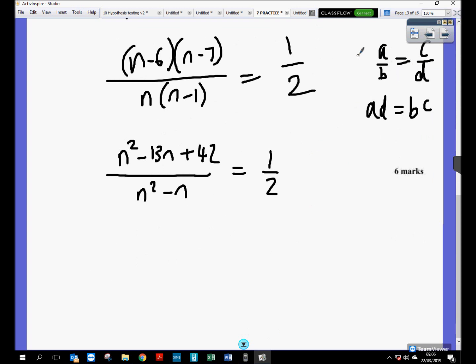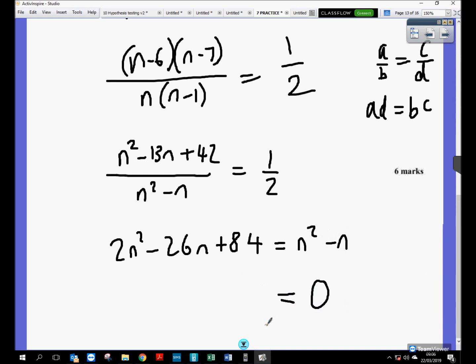Right, I'm going to use this technique now where I multiply diagonally. So if I times the top left by 2, you have 2n squared minus 26n plus 84. And that's equal to 1 times n squared minus n, which is obviously n squared minus n.